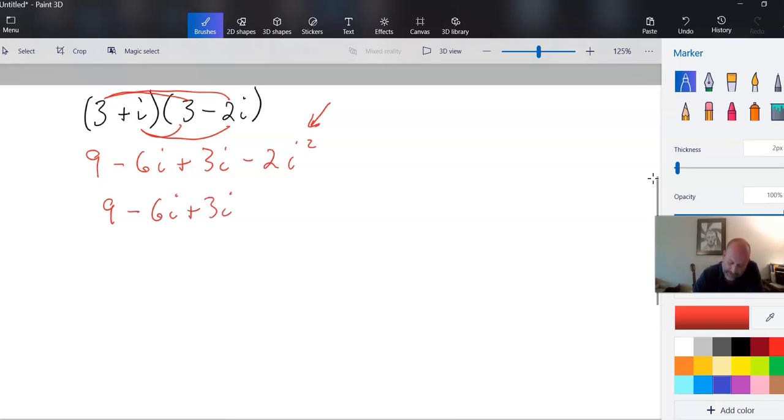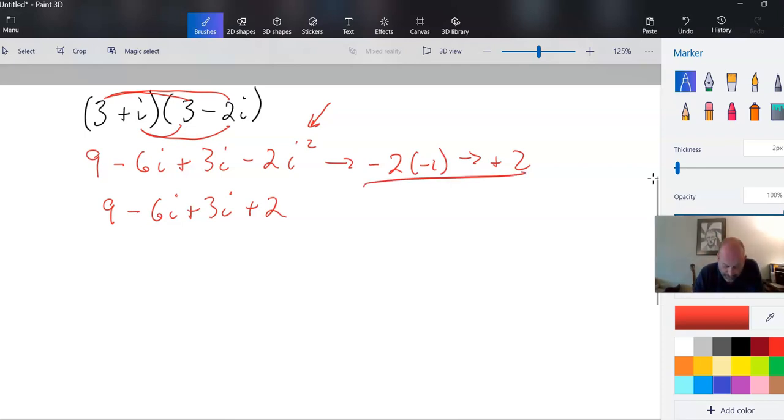And this i squared disappears and the sign changes. That's going to be a plus 2. Now, if you don't see why it got there, I have a minus 2 times i squared, which is -1, which gives me a positive 2, right? And so that's how I got that positive 2.